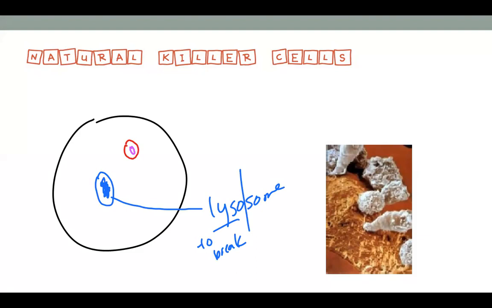So what's going to happen is inside the white blood cell, the phagosome is going to fuse with the lysosome. So then the pathogen is exposed to all of those enzymes and it's broken down. It's really efficient the way that it works, because all of these vesicles are made of a lipid bilayer, just like the cell membrane. So they can all fuse together in all kinds of combinations.